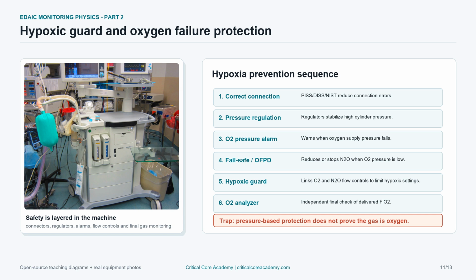If the oxygen pipeline is connected to the wrong gas at adequate pressure, the fail-safe may be satisfied while the patient receives a hypoxic mixture. The hypoxic guard or proportioning system links oxygen and nitrous oxide flow settings to reduce the chance of dialing a hypoxic mixture. The independent oxygen analyzer remains essential because it measures the final inspired oxygen concentration.